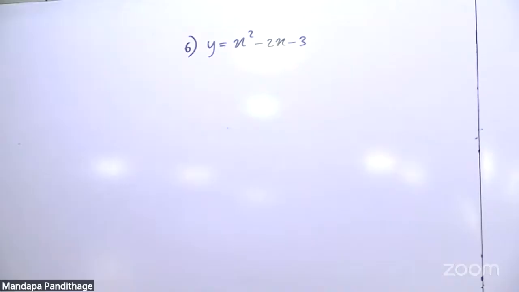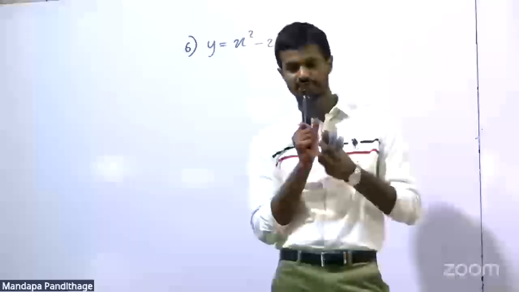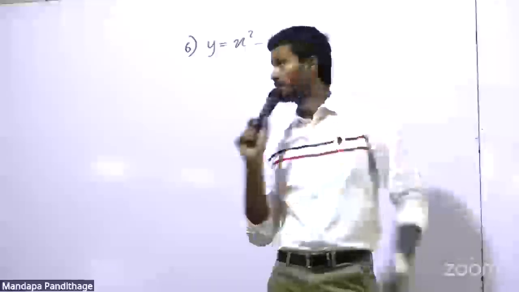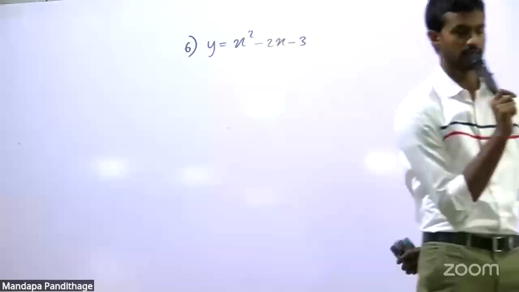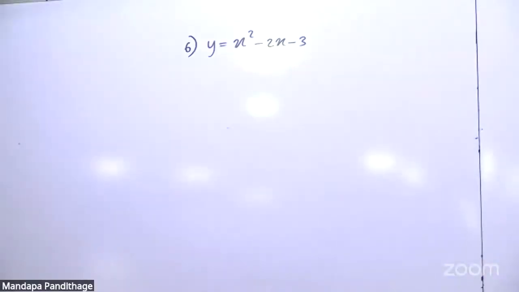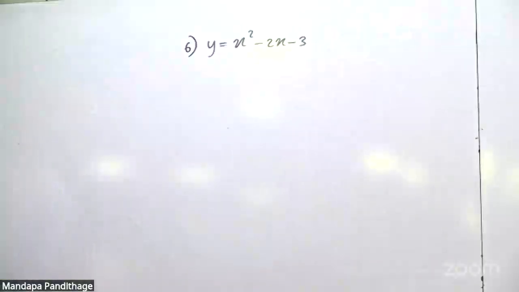Actually, you can use the table, because you have done this method. I need you to draw the graph of y equals x squared minus 2x minus 3. Silence, I didn't ask you to discuss anything. Using your O-level knowledge, sketch the graph of the given one.